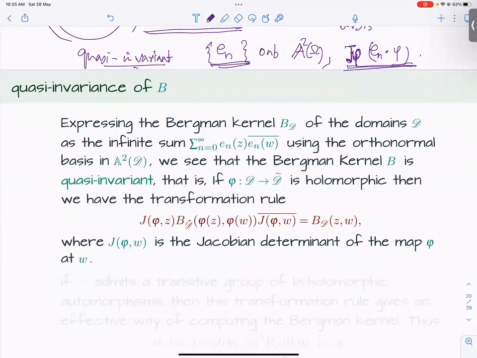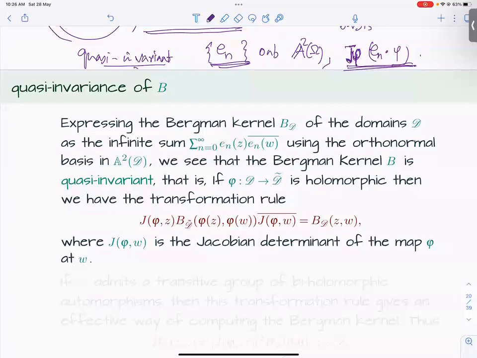All right, so let us see what it means if we write that down. What it means is that if I have any biholomorphic map at all from D to D tilde, there may not be any, but if there was, then I can play this game of taking the orthonormal basis En to an orthonormal basis En tilde by doing En composite phi times J phi.